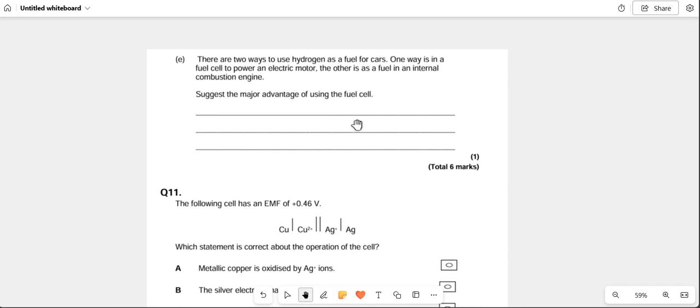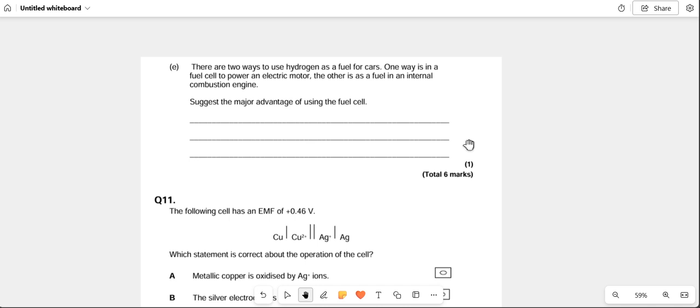Question E. There are two ways to use hydrogen as a fuel for cars. One is in a fuel cell to power an electric motor, the other is in an internal combustion engine. So obviously the combustion engine is going to be releasing bare heat.